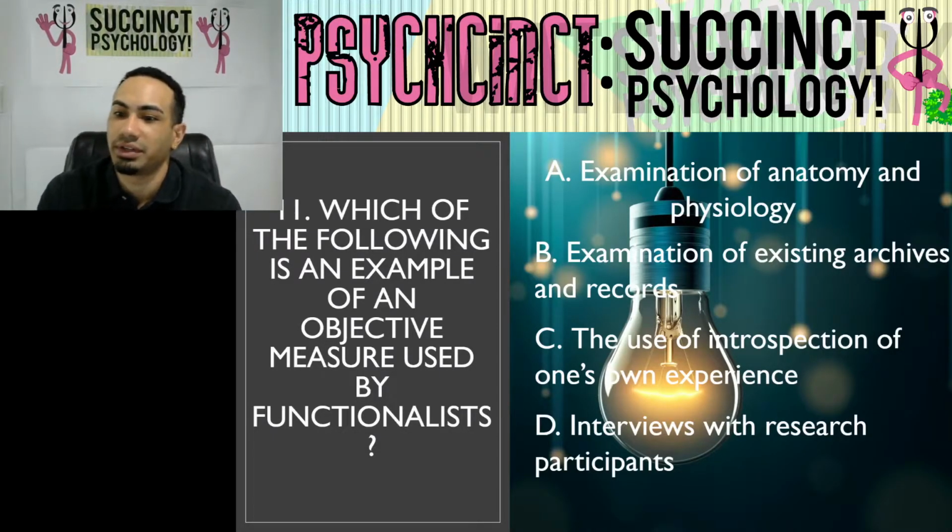Well, we just talked about introspection for structuralism, so probably not that one. If you chose A, examination of anatomy and physiology, you chose correct. Examining anatomy and physiology is obviously a highly objective way of measuring something.